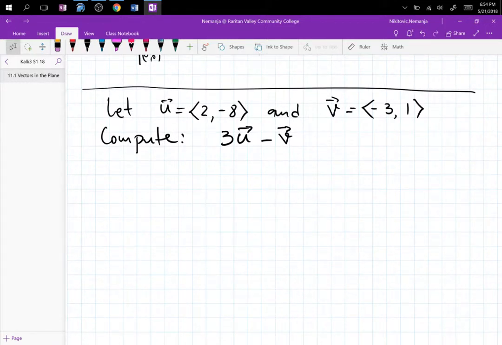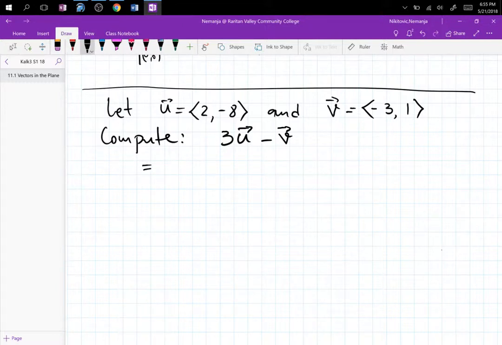So try this one. All right, that's enough time.